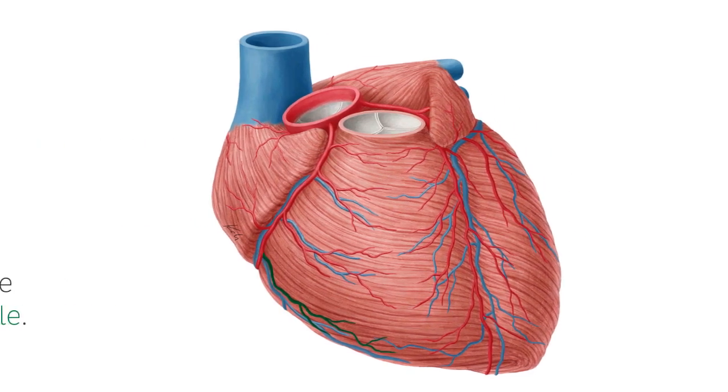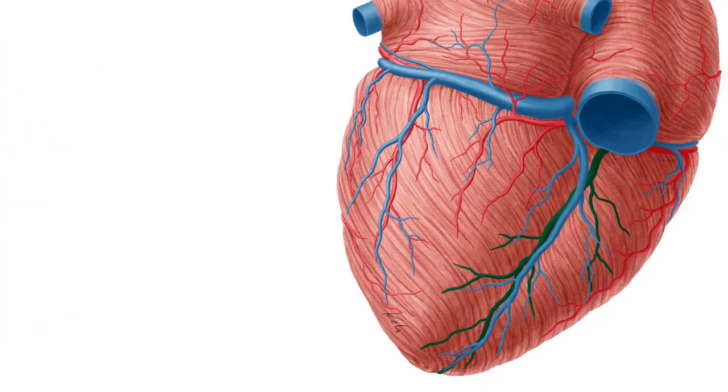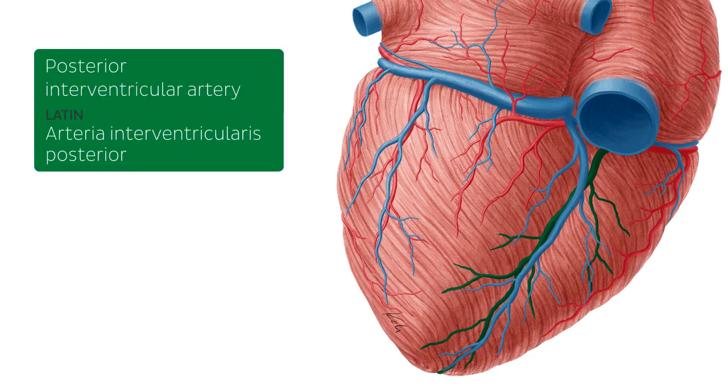The next branch that we're going to be highlighting here is from a diaphragmatic view of the heart, or a posterior inferior view of the heart, where you see the posterior interventricular artery. Now this one runs along the posterior interventricular groove, which you see a bit here, this groove that exists between the two ventricles.